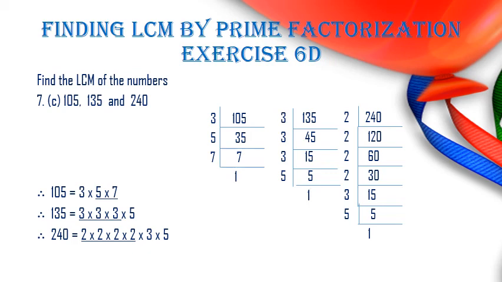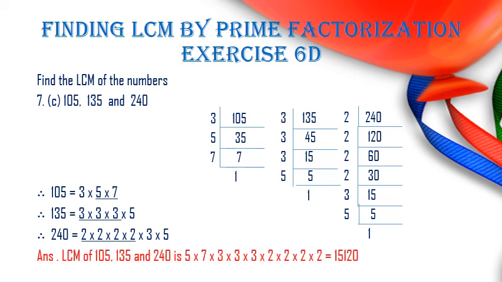So the LCM of these three numbers, that is 105, 135 and 240, is 5 multiplied by 7 multiplied by 3 multiplied by 3 multiplied by 3 multiplied by 2 multiplied by 2 multiplied by 2 multiplied by 2, which is equal to 15,120. So the LCM of these three numbers is equal to 15,120.